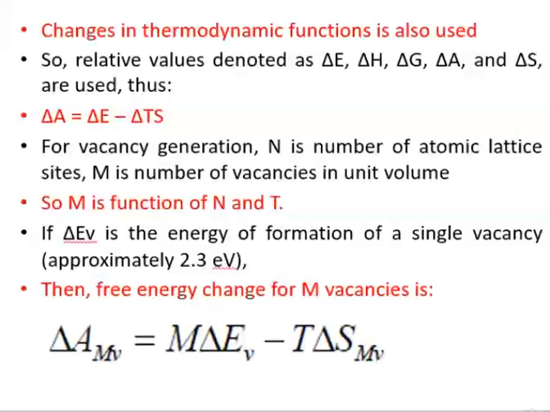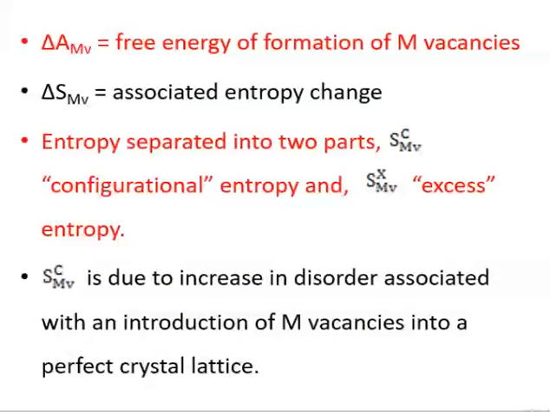So if we look at this relation, it's actually the same thing as this, only that we added a subscript. And instead of using E here, because the E we used here assumes only one vacancy is created, this M came into being because we are dealing with M number of vacancies per unit volume.